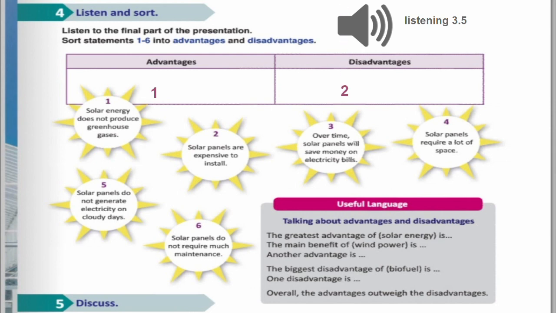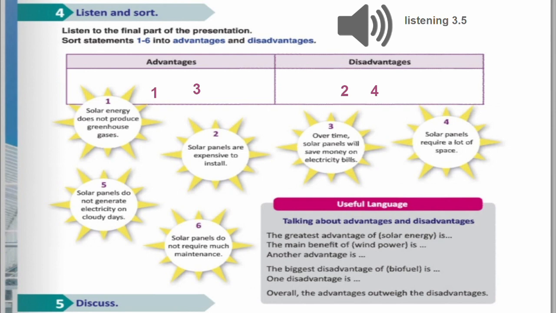Number three, over time, solar panels will save money on electricity bills. Definitely, this is something positive and it is an advantage. Number four, solar panels require a lot of space. This is something negative, which means it's a disadvantage.